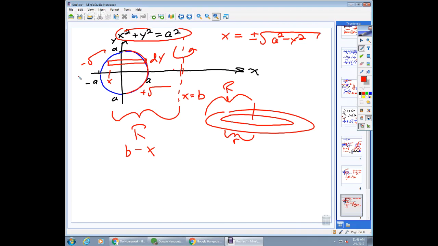So this blue side, is that the positive or the negative side of the root? The negative side. Okay, so that means over here, I'm going to have b minus the negative root. And according to up there, that root is a squared minus y squared. That's big R, which cleans up to be b plus the square root of a squared minus y squared.